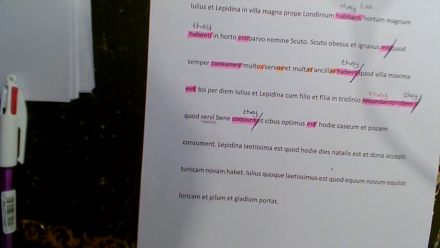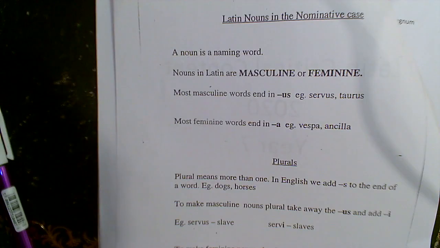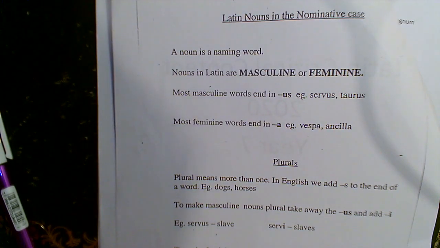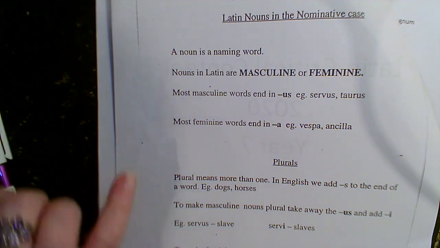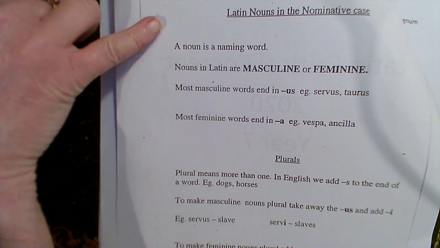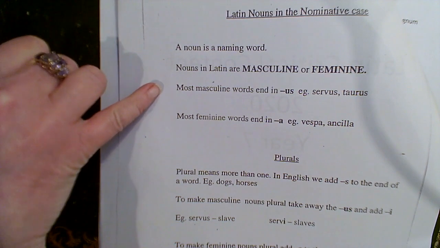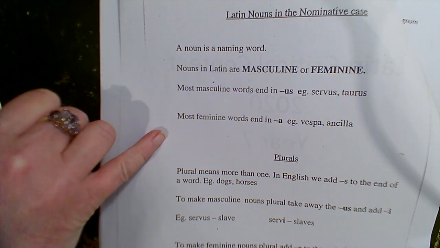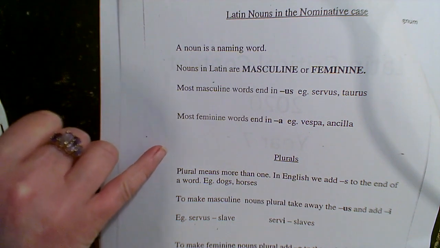Now, if you want to check what servi is doing in the sentence, again, you want your critical content booklet, and I'm just going to pause this again and find the right page for you. Okay, I'm back again. So this is the very first page of your critical content booklet, which tells you about Latin nouns in the nominative case, about the fact that it's a naming word, the masculine words end in us, feminine words, or most of them, end in a, and the plurals.